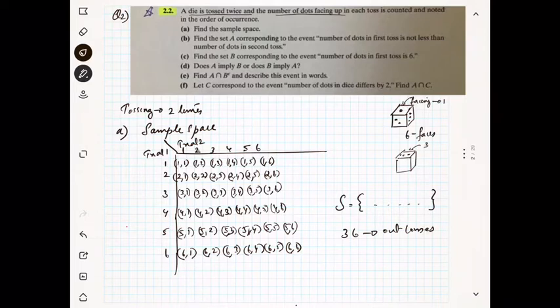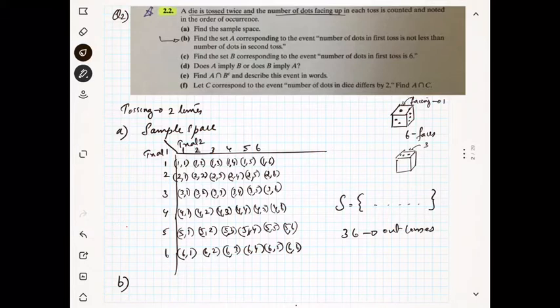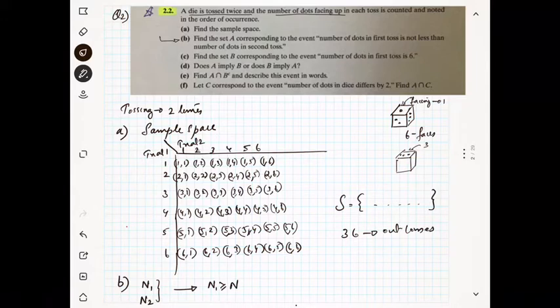So this is the sample space, and the second part of the question is: find the set A corresponding to the event that the number of dots in the first toss is not less than the number of dots in the second toss. Suppose N1 is the number of dots in the first trial and N2 is the number of dots in the second trial, then our condition is that N1 should be greater than or equal to N2.